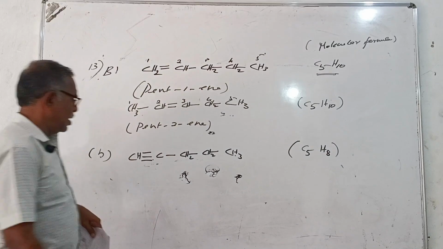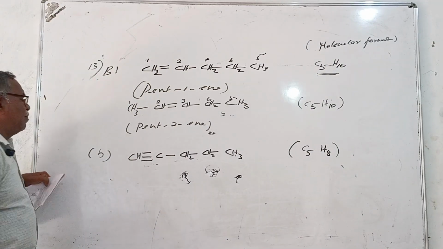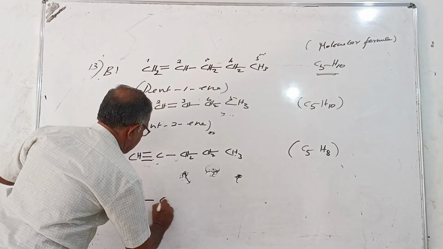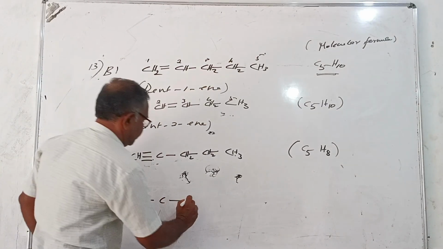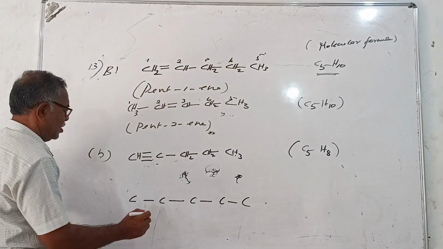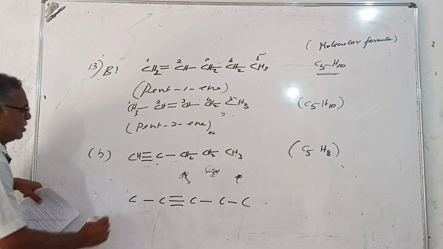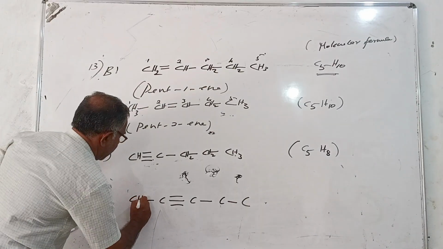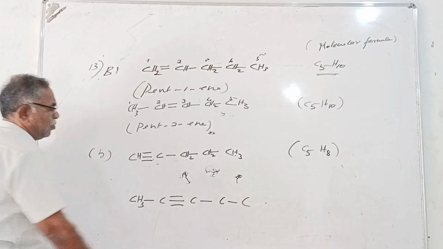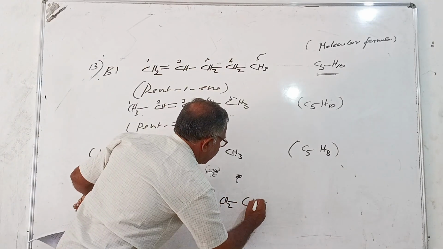C5H8. Another isomer of this you can write by changing the position of the triple bond. Write the chain of 5 carbon atoms and give the triple bond here. So here 3 hydrogen, no hydrogen for these two, here 2, here 3.